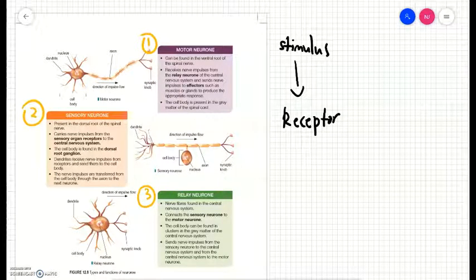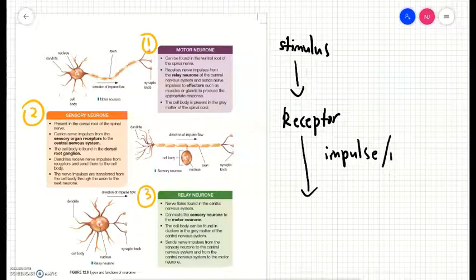So this receptor will send an impulse, aka information, impulse aka nerve, nerves, information to the brain.